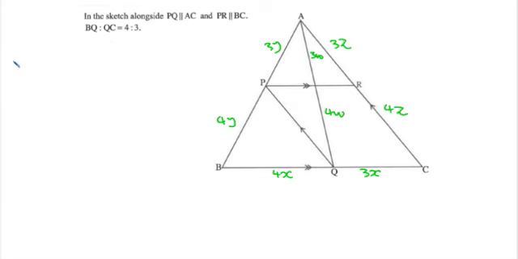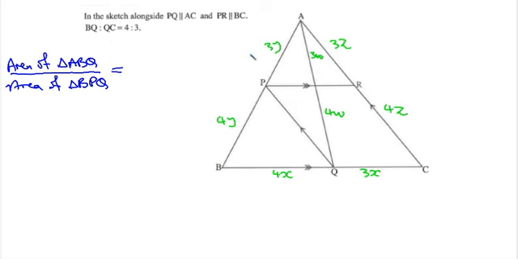I want us to consider this area of triangle ABQ over area of triangle BPQ. I have BPQ there. This is going to be equal to what?